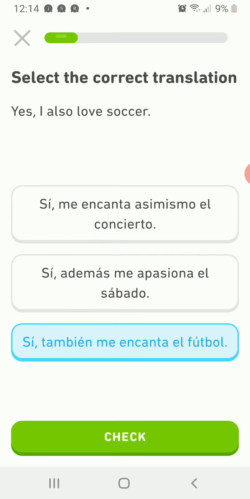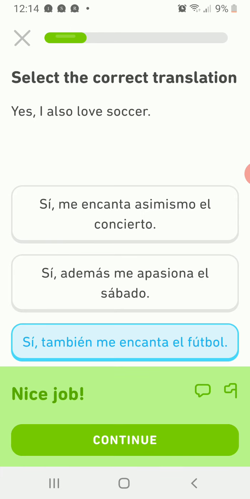Me encanta is another word for being pleased. It's like encantado. Do you remember this? Enchanté in French. So nice to meet you, encantado, encantada. So sí, también me encanta el fútbol.